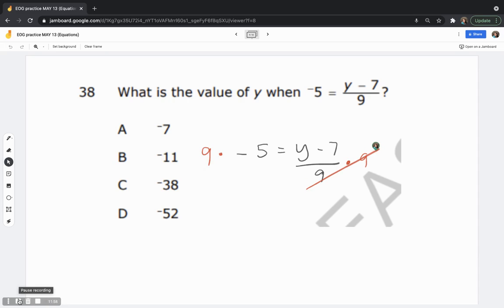These will cancel out, and I'm left with negative 45 equals y minus 7. Then I need to cancel out the minus 7, so I'm going to add 7 on both sides, and negative 45 plus 7 gives us negative 38.